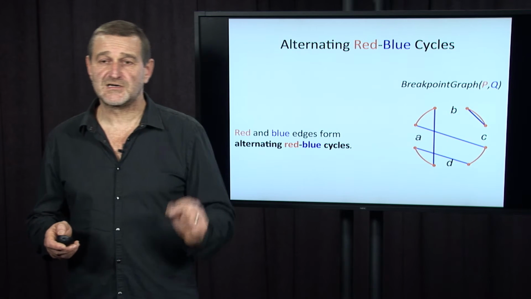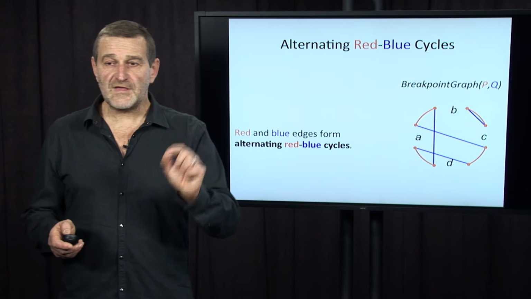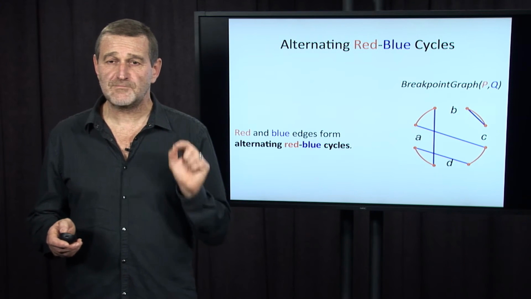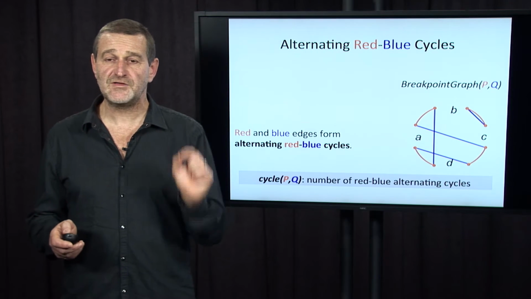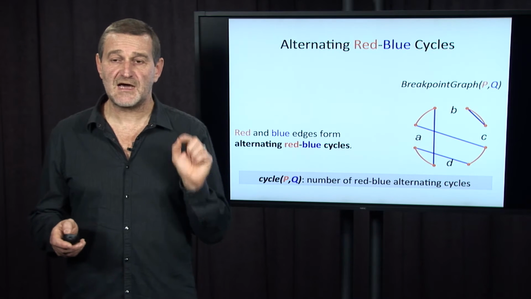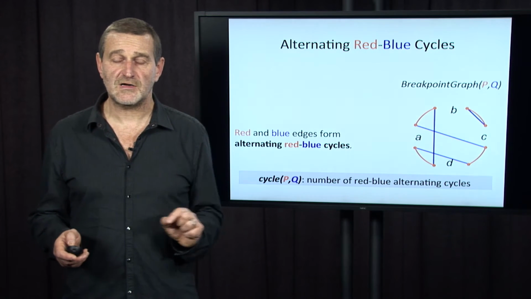After every red edge there is a blue edge, and after every blue edge there is a red edge. We'll pay attention to one important parameter of the breakpoint graph, which is the cycle number. The cycle number is simply the number of red-blue alternating cycles in the breakpoint graph.